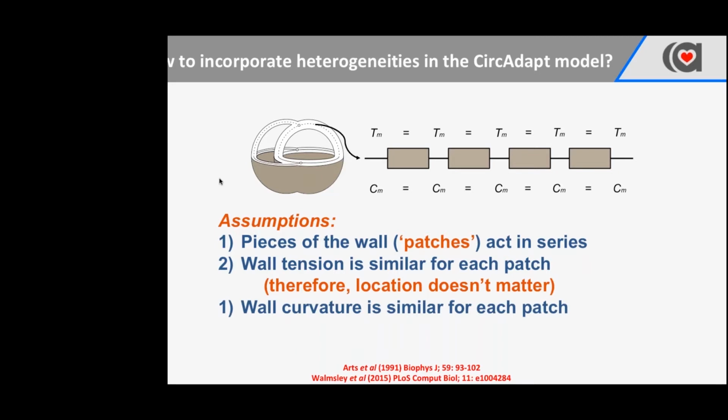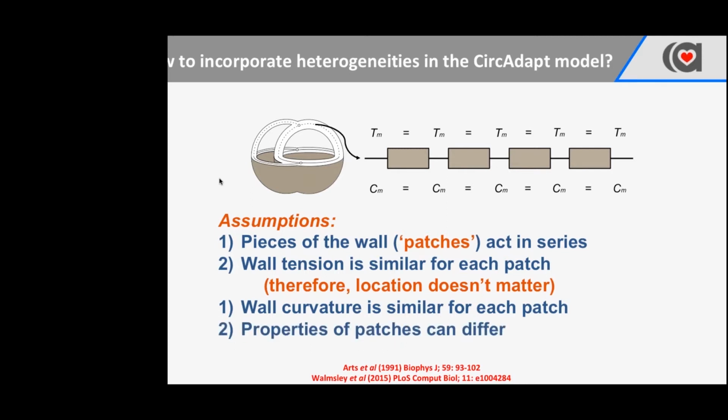We also had to assume, which is clearly not really true in reality, that wall curvature is similar for each patch. But we had to do so, otherwise we couldn't solve our equation. The effect of this assumption, and it is a little bit of a violation of reality, I think that is minor as compared to the value of the results.